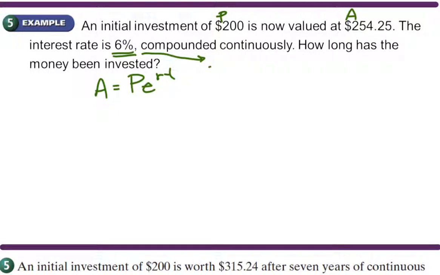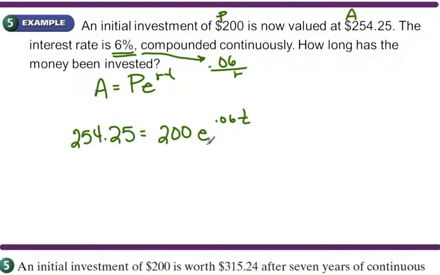That's going to be 0.06, which is the r. How long has the money been invested? So now we just plug everything in. 254.25 equals 200e^(0.06t). I'm going to divide both sides by 200.